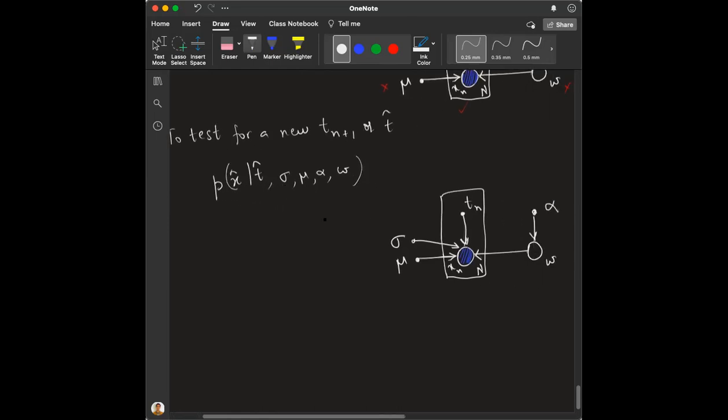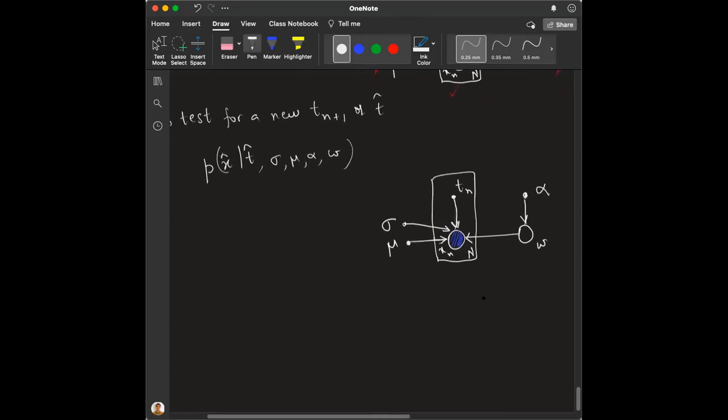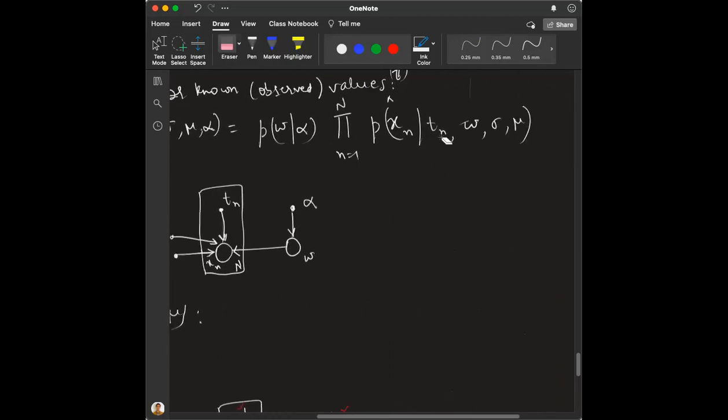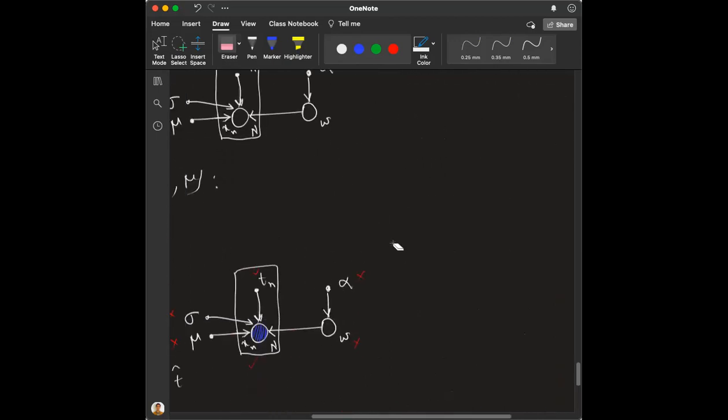So it's very simple. Once you construct this, I want my x hat, which is deterministically dependent on sigma and mu. Alpha is not directly dependent because in our original equation we don't have alpha conditioning x directly. It depends only on t, w, sigma and mu.